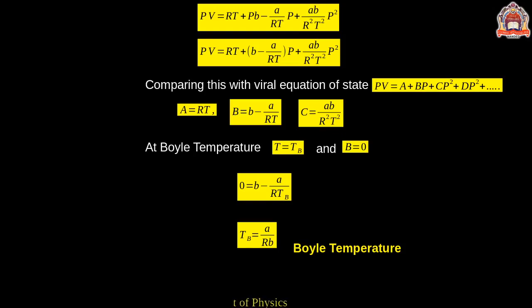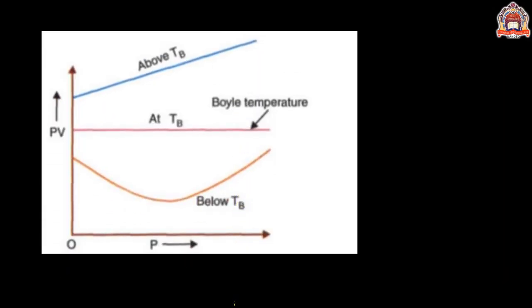Then what is the behavior of gas above, below and at Boyle temperature? For this, just plot this graph of the product PV against P. Here the three lines are there.